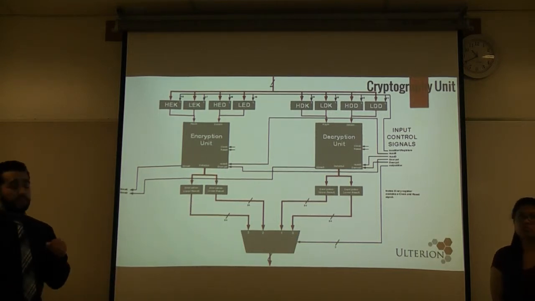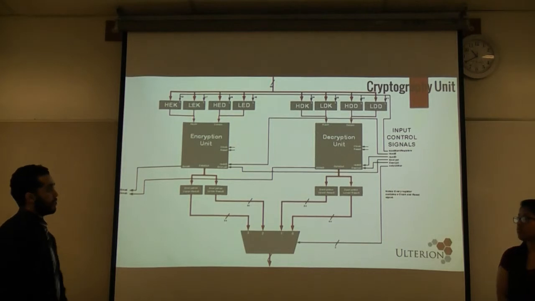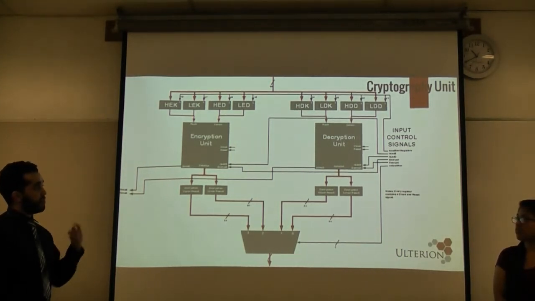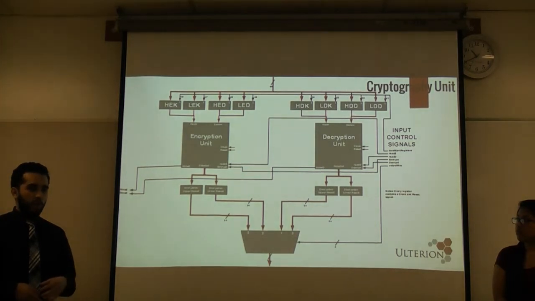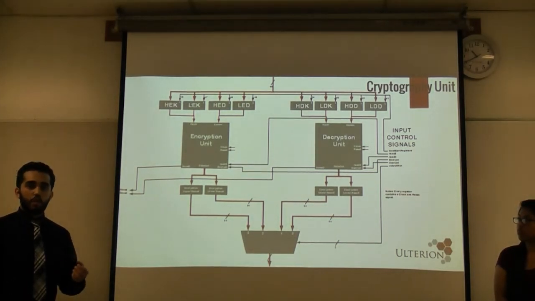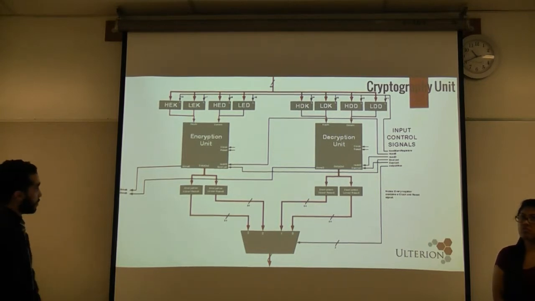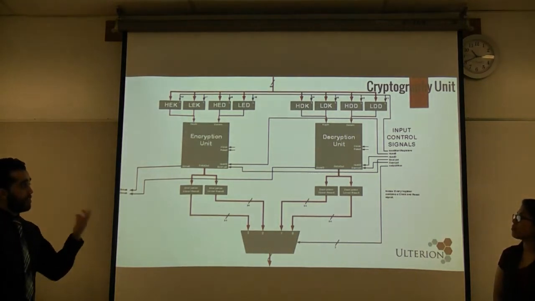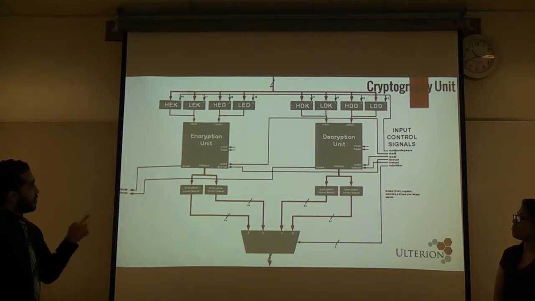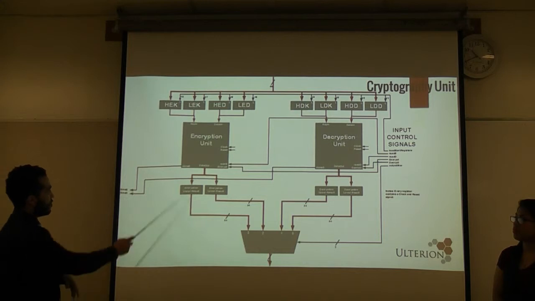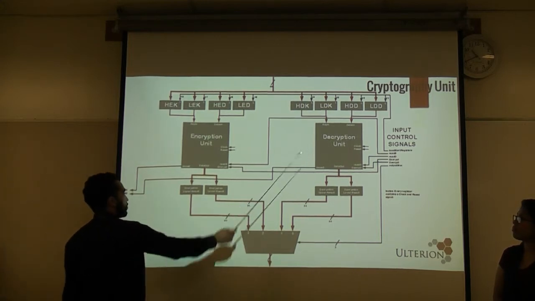Encryption takes 51 clock cycles and decryption takes 45. The difference is because on decryption we generate all the round keys at once, rather than adding an extra state to our state machine. Once the encryption or decryption is done, the unit signals the control unit that it's done, right here: done encryption and done decryption.